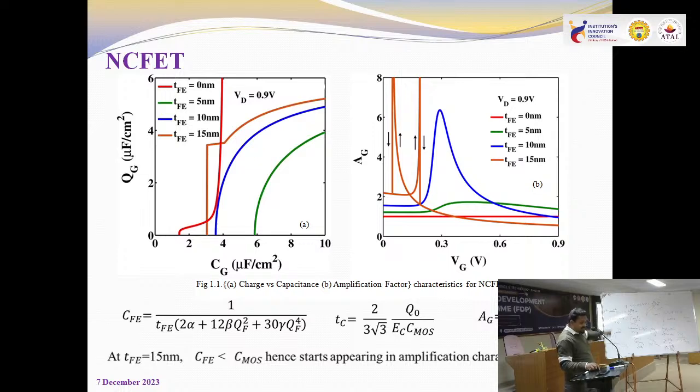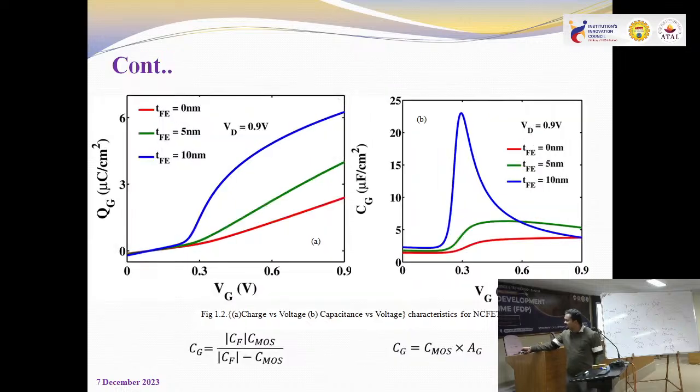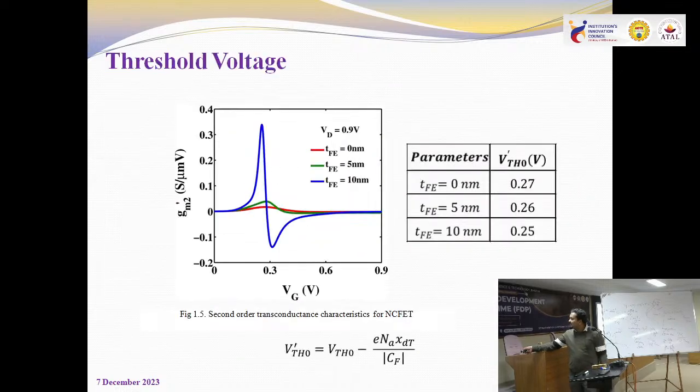And when you differentiate, it will be CFE equals 1 upon this, plus in the denominator it will come, I think. So should I proceed? I think that is a matter of further discussion. Let it be. So this is threshold. So there is a mathematical expression also. So this is the mathematical expression.